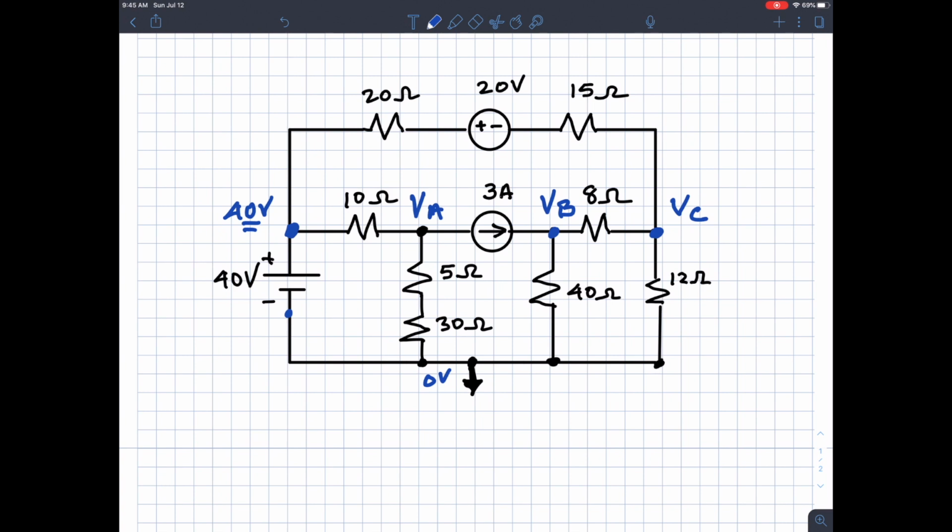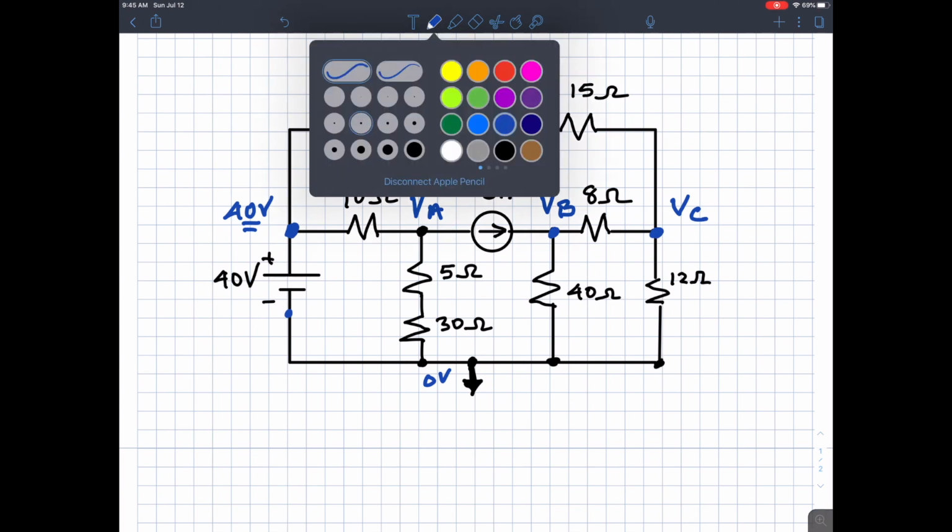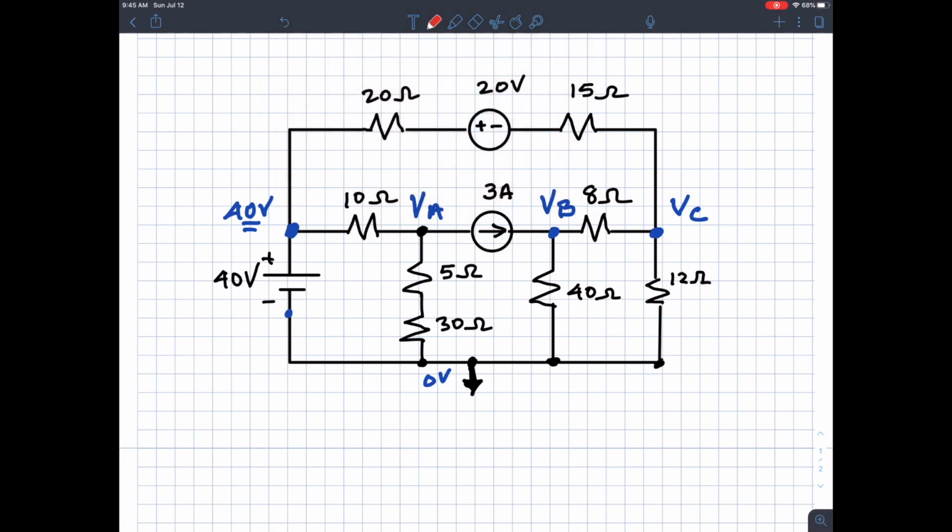Let's get started at different nodes. I want to show you what the problem is. If you just randomly start and say, I want to write the node equations at this node, you immediately run into a problem. The problem comes from this branch. I don't have a resistor anywhere in this branch, so I can't use Ohm's law to find this current, I alpha.